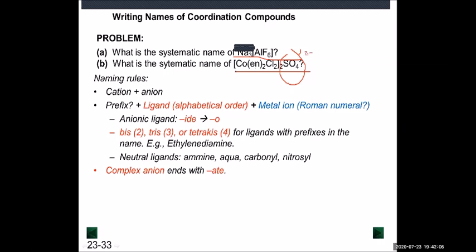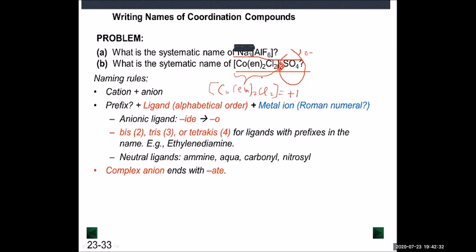So that means there are 2 complex ions, so each complex ion, with all of these combined together, should give us +1 charge.